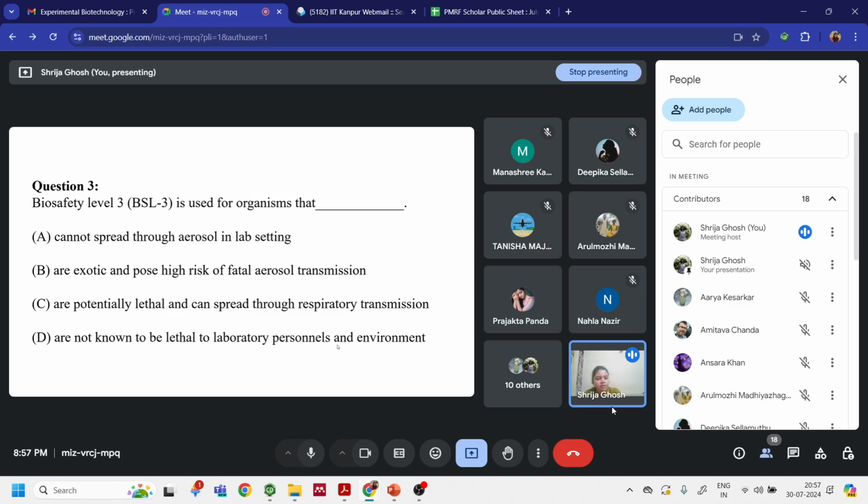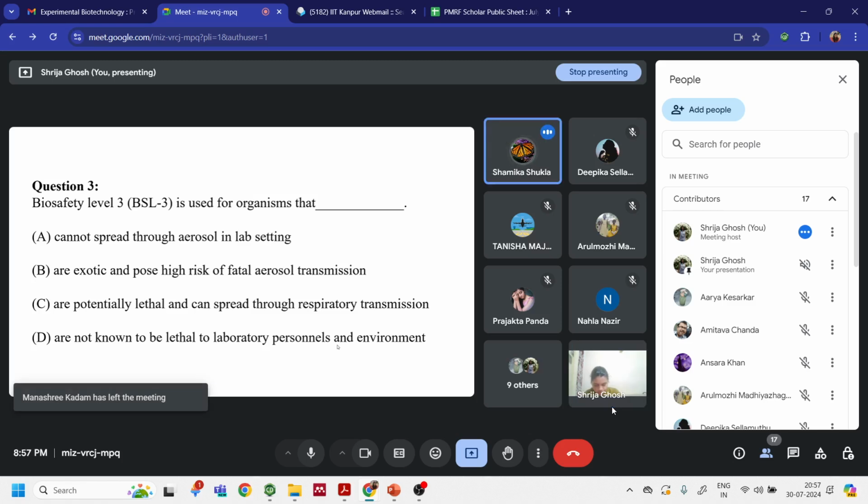But probably if it is mentioned, maybe that is also a good choice of disinfectant. Anything else?